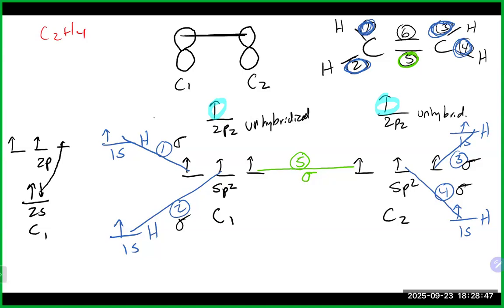they overlap above and below the plane of the molecule. And this is what is known as sideways overlap. So they overlap sideways above and below. And this type of bond is what is known as a pi bond. I'll leave the E off.